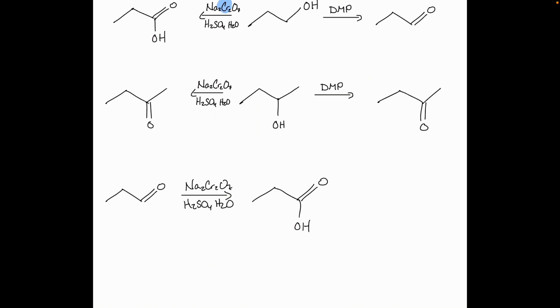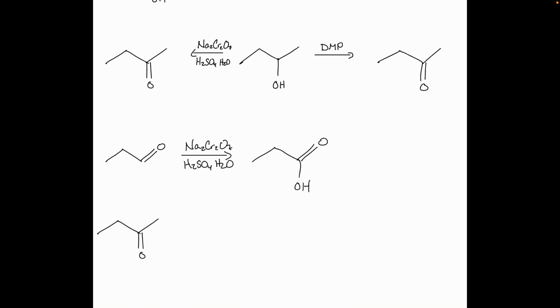What about if we take our ketone? Can that be further oxidized? No. If we take our ketone and hit it with sodium dichromate, doesn't matter, it can't be further oxidized. We're stuck at that step.